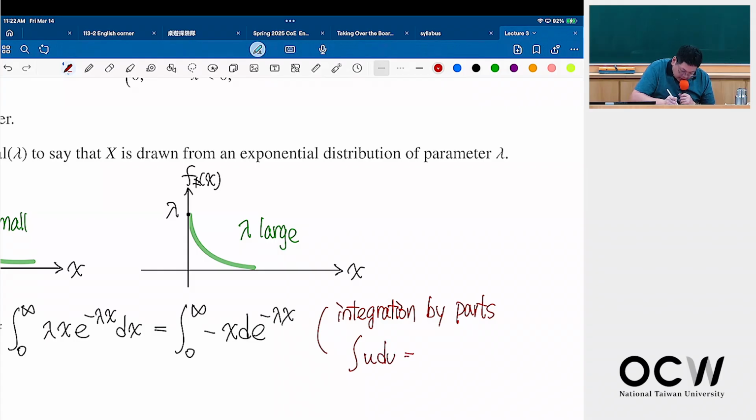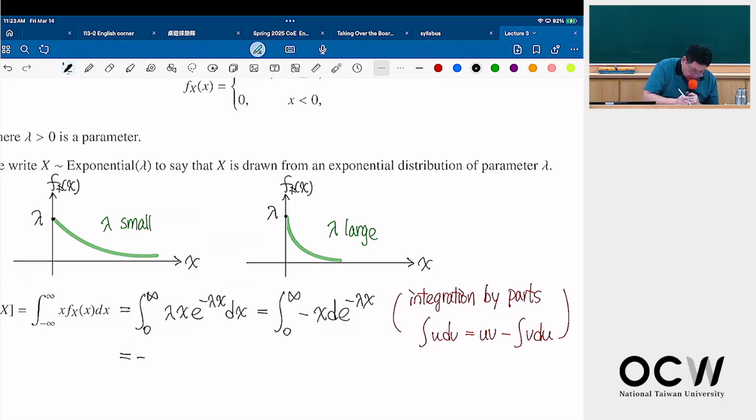Integration by parts: integral of u dv equals uv minus integral of v du. That equals uv, so minus x e to the minus lambda x, with x from 0 to infinity, minus the integral of v du, e to the minus lambda x, d of minus x.